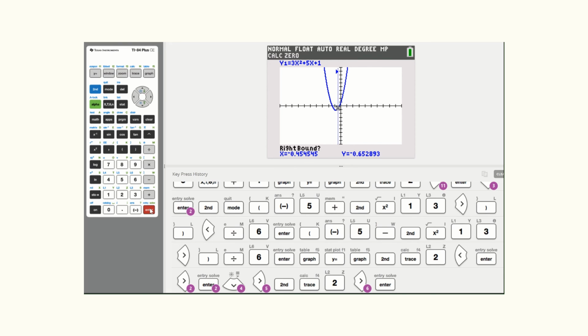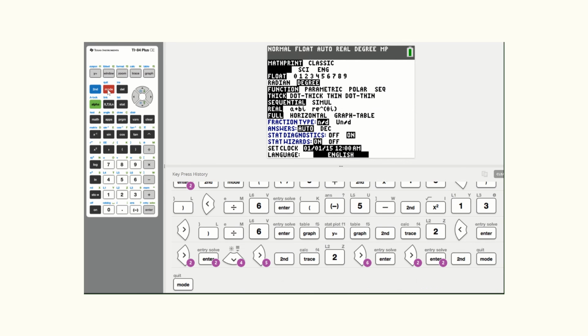I'm going to say enter. And then we're going to move it above the x-axis and enter. And again, it asks to guess. And when y is 0, x is -0.232.